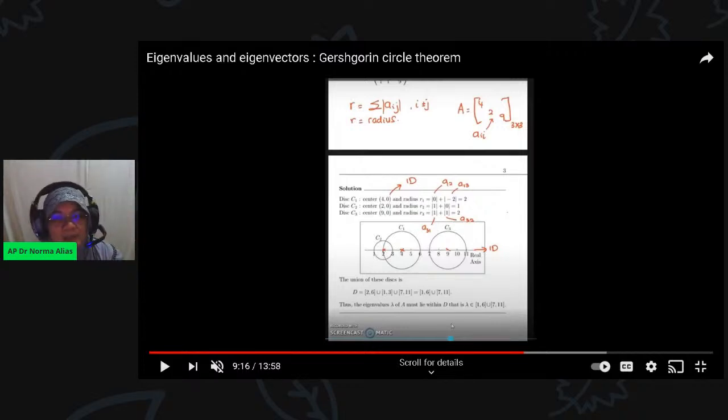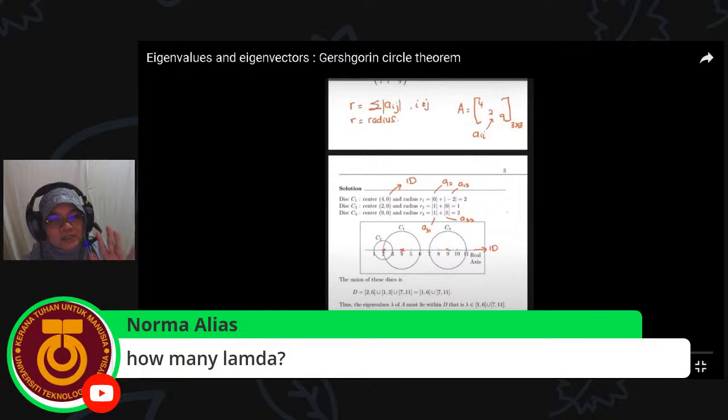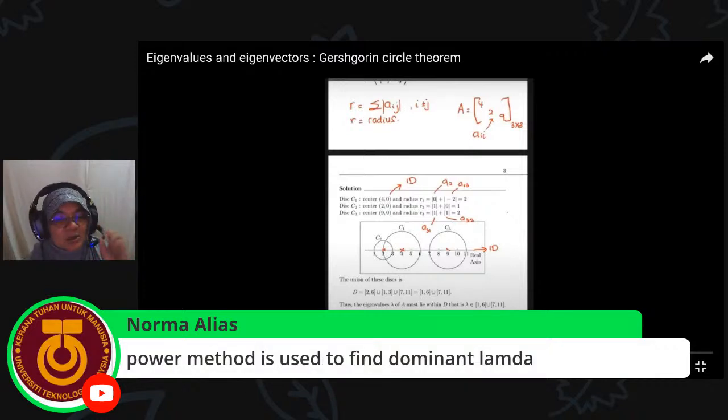So be careful, because there is a question here: how to find the eigenvalue or lambda? The next question is how to find the specific lambda, the eigenvalue: lambda 1 is the dominant, then lambda 3 and lambda 2.